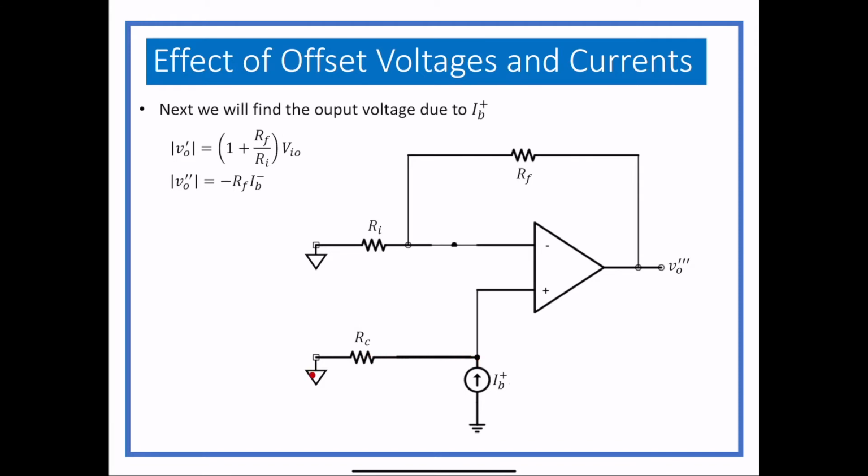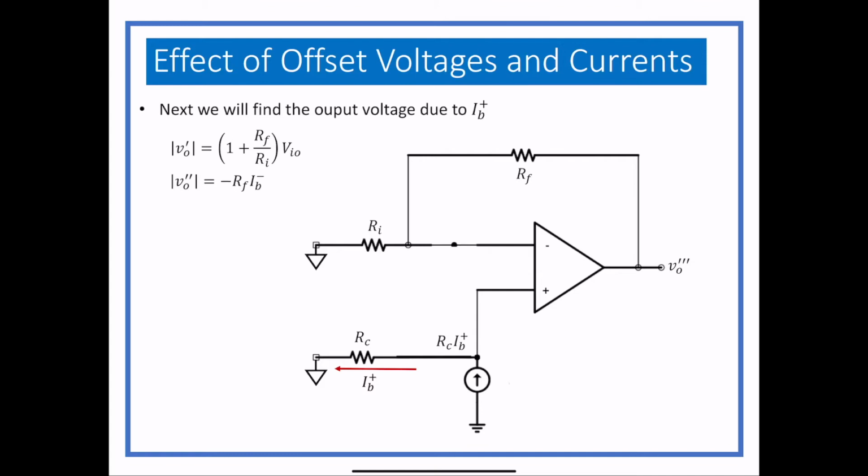We actually call that a compensating resistor. It actually has a name. So that current will go through that, which means that IB plus is going through RC, and the voltage at the non-inverting terminal is RC times IB plus.